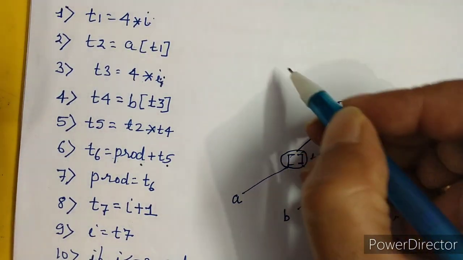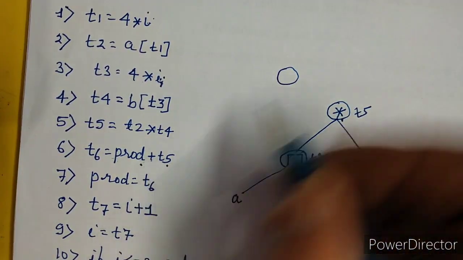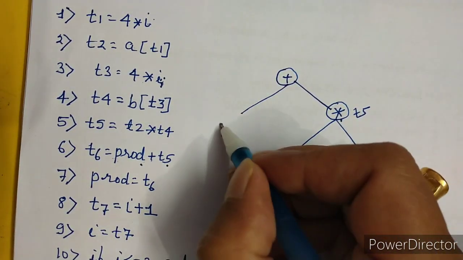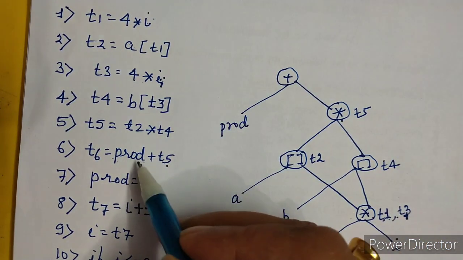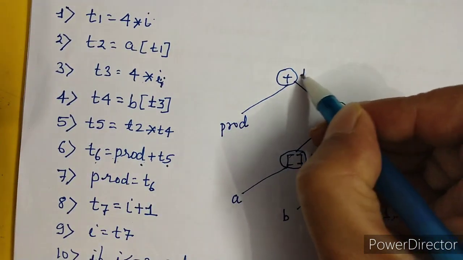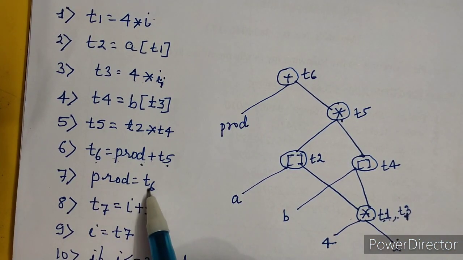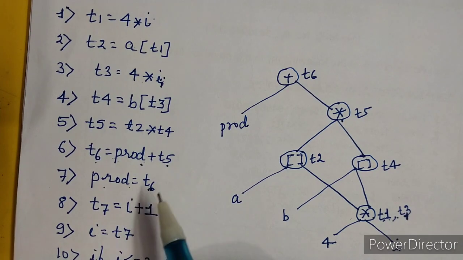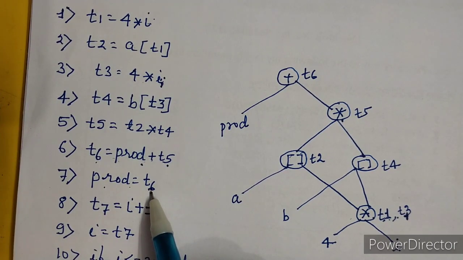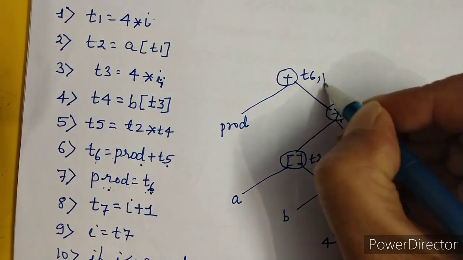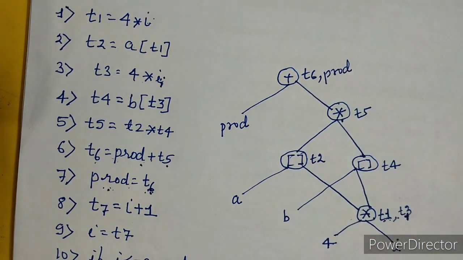The operator is plus, and the result is stored in T6. Now step number 7, product is equal to T6. It means the node that T6 represents, the same node will be represented by product, because both are the same. So this is your product.